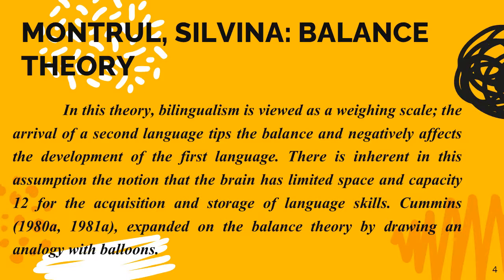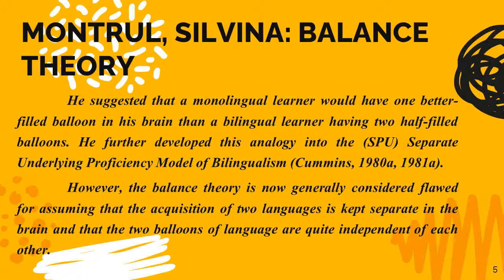Commons expounded on the balance theory by drawing an analogy with balloons. He suggested that a monolingual teacher or learner would have one better filled balloon in his brain than a bilingual learner having two half-filled balloons.